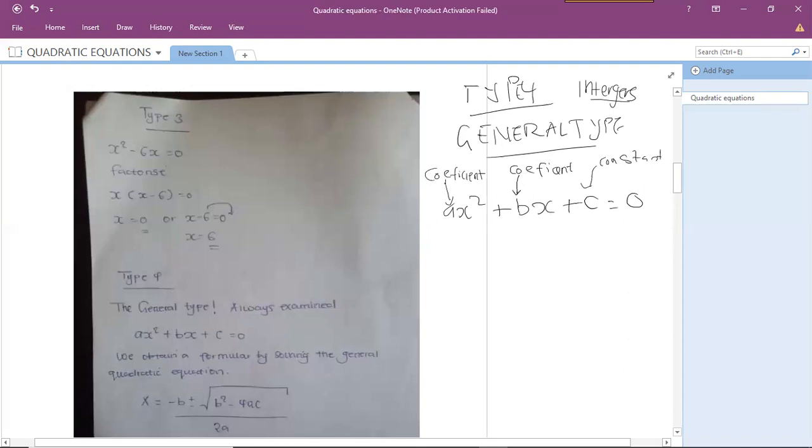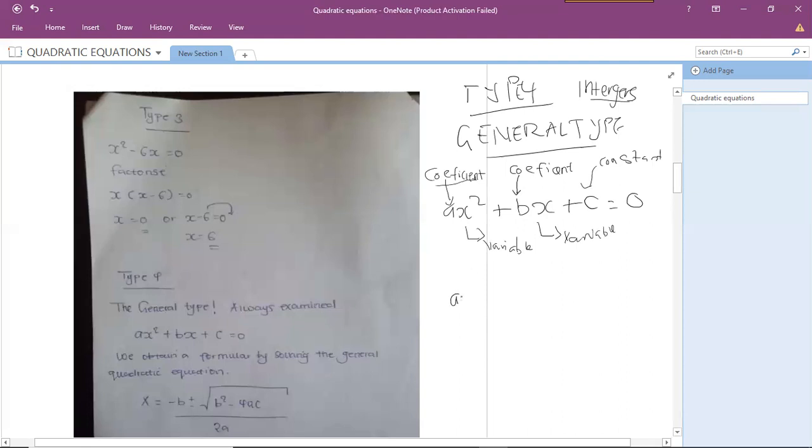And why are we calling them coefficients? Because they are numbers that appear in front of the variable. So here the x squared is a variable, and this x here is also a variable. A quadratic equation can be in any form.